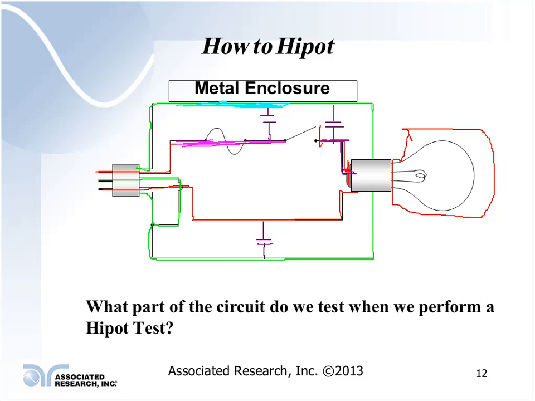Some safety standards will tell you to set the sensitivity of the Hipot to something slightly higher than what the product would normally draw whenever you're performing a test on the product itself.